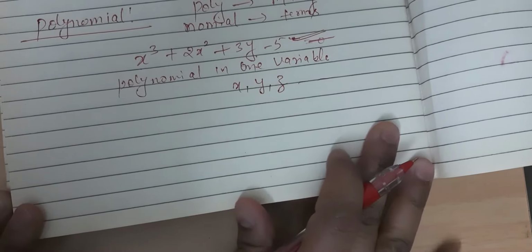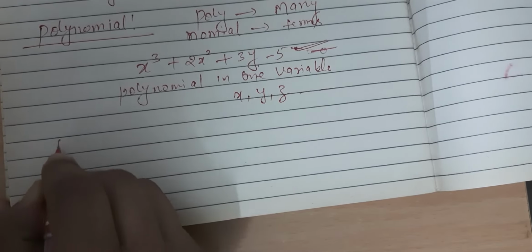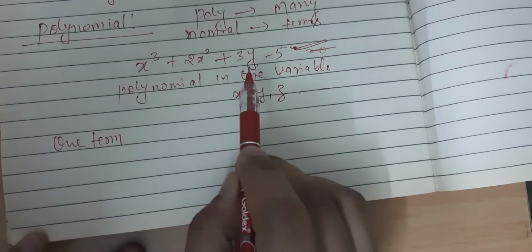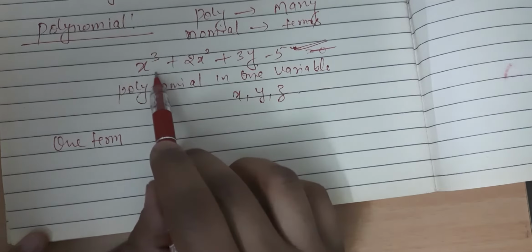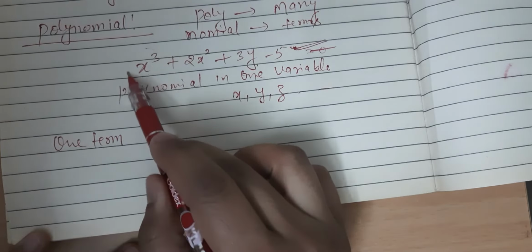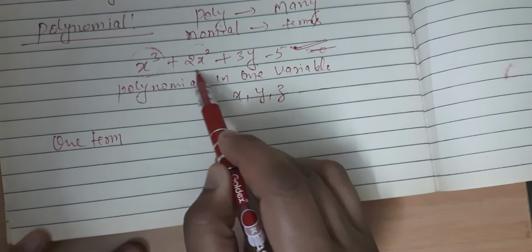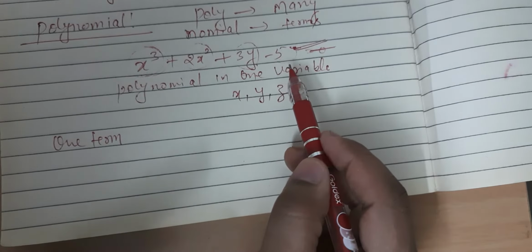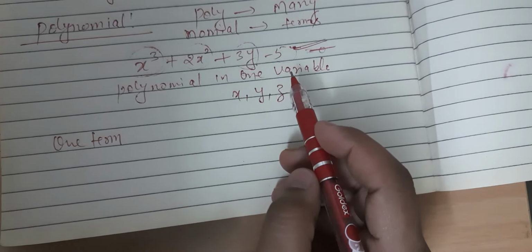Now if there is only one term in the polynomial, one term, this is an example of polynomial. So here this x cube, 2x square, 3y, 5, they all are called terms of the polynomial.